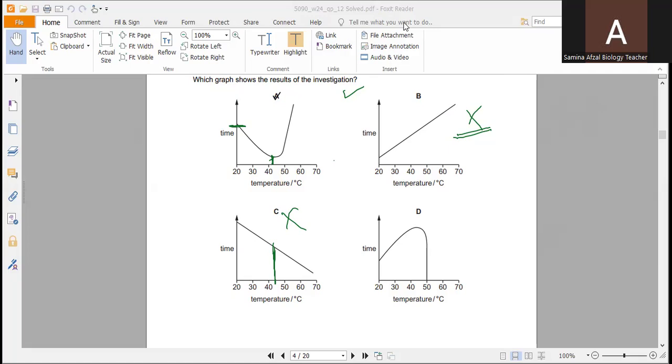Graph D shows a curve that rises initially and then goes down and stops at 50 degrees centigrade. So this is not right, because as temperature is increasing, the time should be decreasing, but only till the optimal temperature. So according to the nature of enzymes, graph A is the correct option.